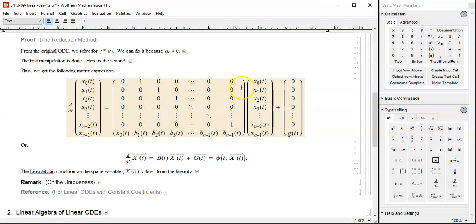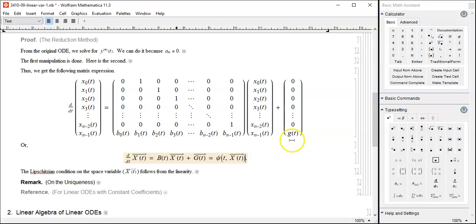And then we have an affine expression, matrix times the original x plus some constant, the non-homogeneous part. Then I can put those all together using the vector expression, where x of t is now a vector function.